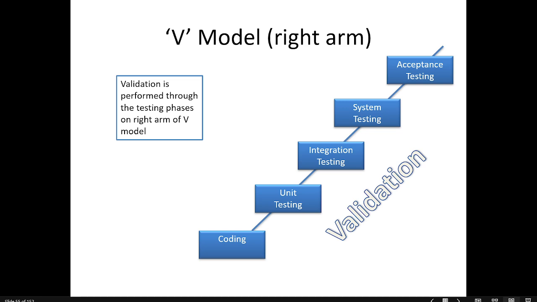What is integration? What comes under system? And who does acceptance and what is there? All these questions will get answered in these sessions. In the current session, we are going to cover two levels, unit and integration, and in the next session, we will cover system and acceptance. So to complete this V model, we need these two sessions.